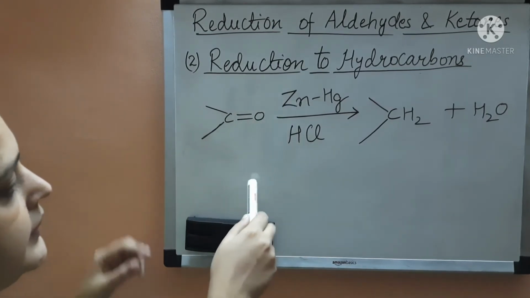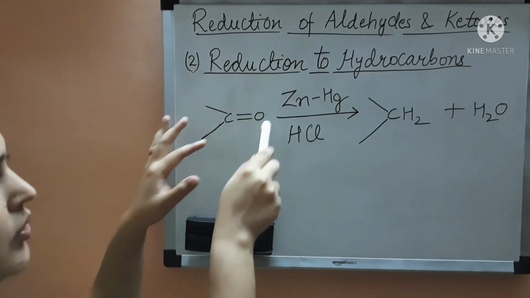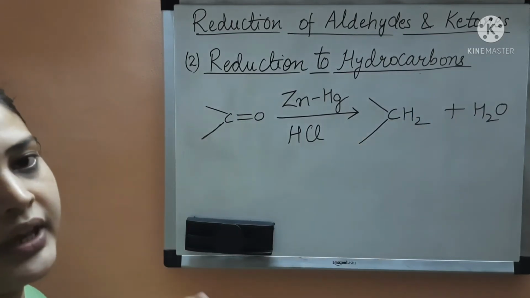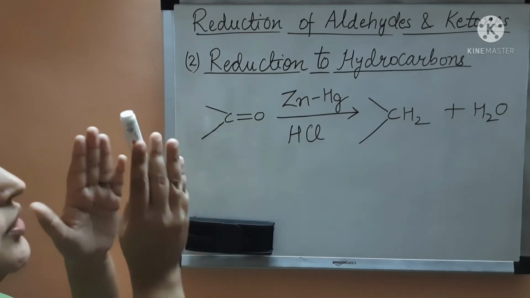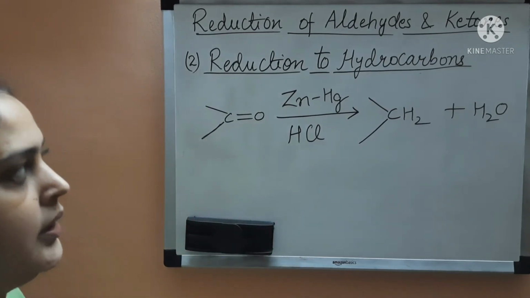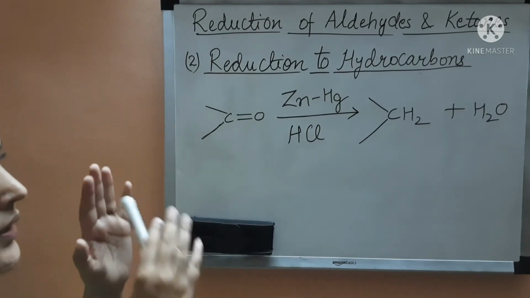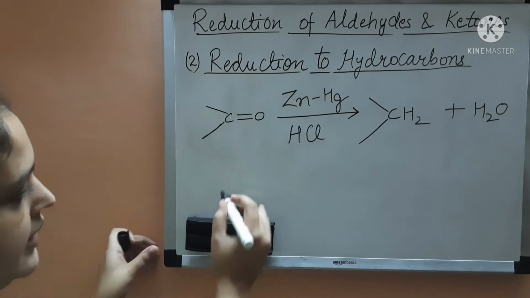Then what will happen is that the C=O group will change to a CH2 group, that is, the oxygen is converted to H2, and this means that your carbonyl group is reduced to a CH2 group, and water is also produced as a byproduct. So this is a name reaction which is known as the Clemmensen reaction.